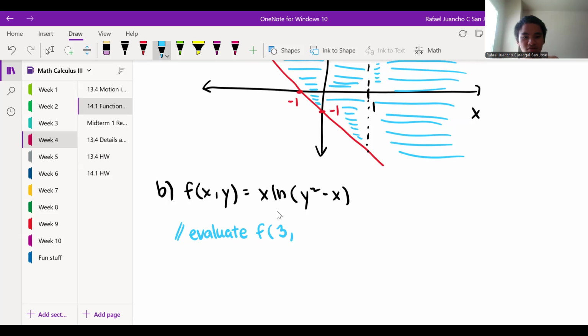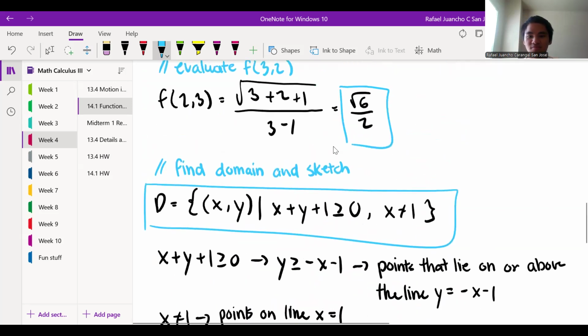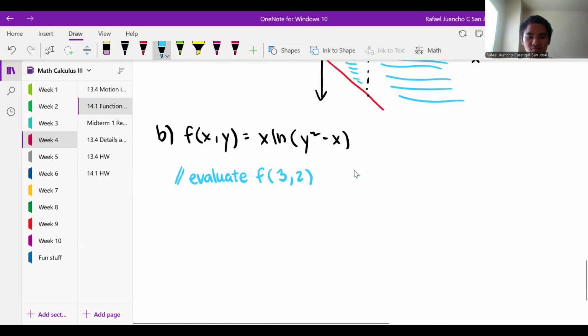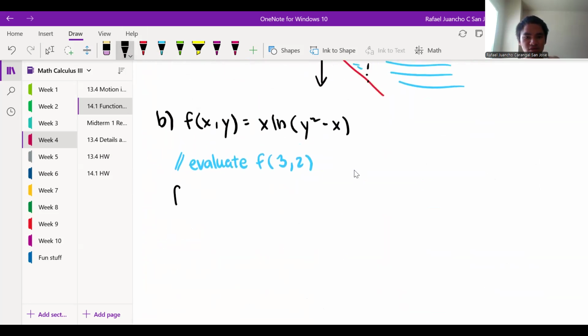Here I evaluate f of 3, 2, right? So how would that look like? I change everything again, my x to 3, and everything from my y to 2. This is 4 minus 3, that's 1. 3 ln 1, that's ln 1 is 0, right? If I'm not mistaken, yeah. So this is just a 0, right?